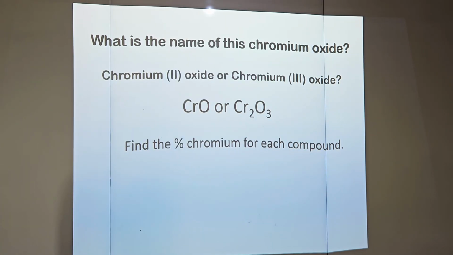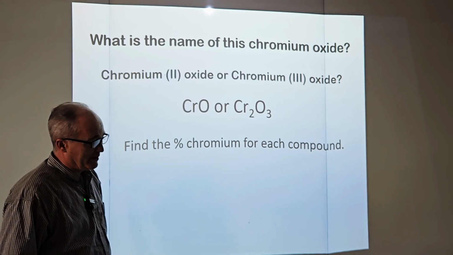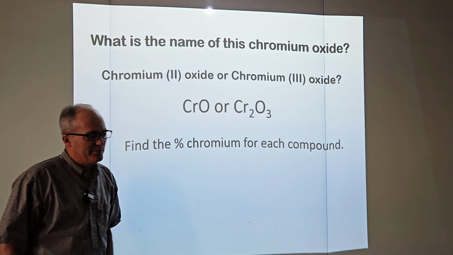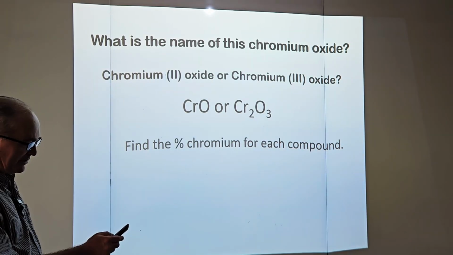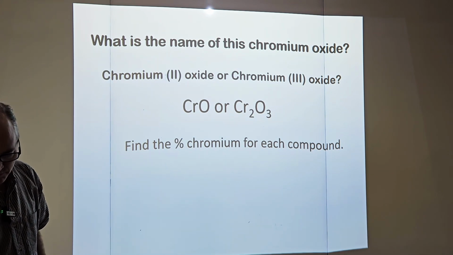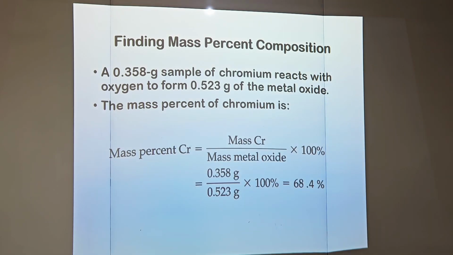Let's name this compound. Well, chromium's one of those metals that has different charges. The most common are chromium-2 and chromium-3. So we're going to practice finding percent composition. We already know this thing is, let me back up, 68.4%.